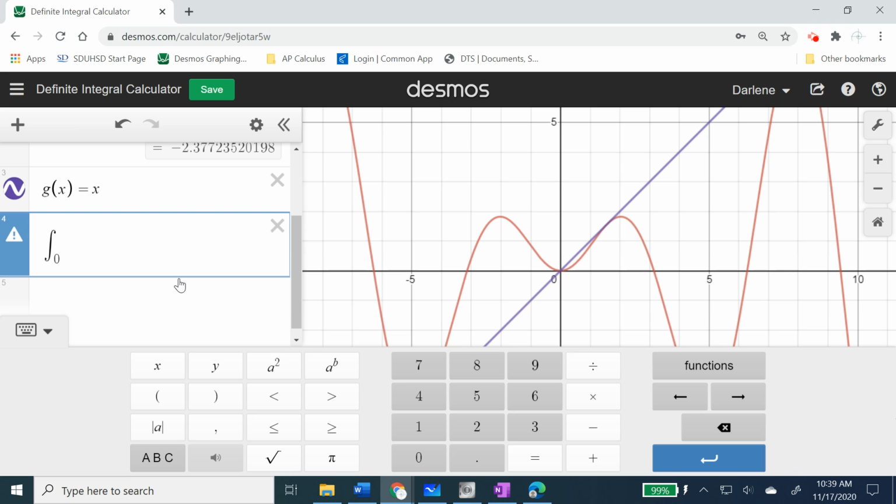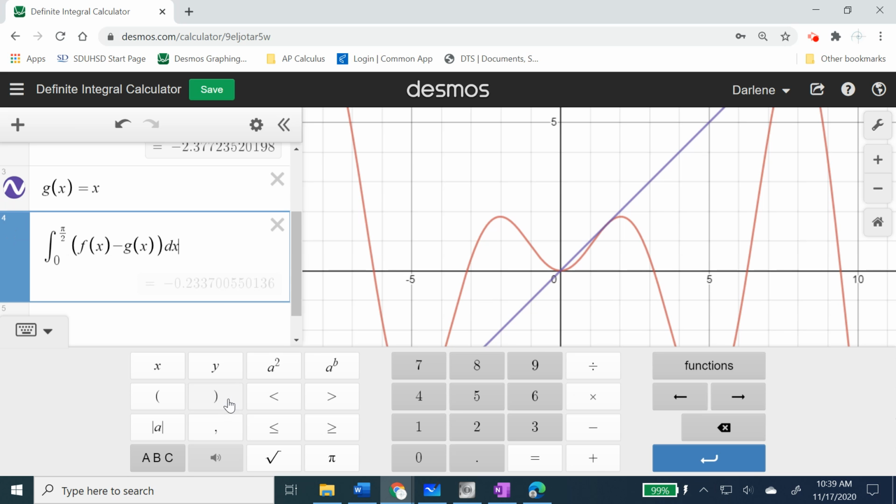The other one was pi over 2, and there's a nice little pi button, but you can also type in the letters pi and it will make a pi. And then name f of x, whoops, minus g of x, and then dx.